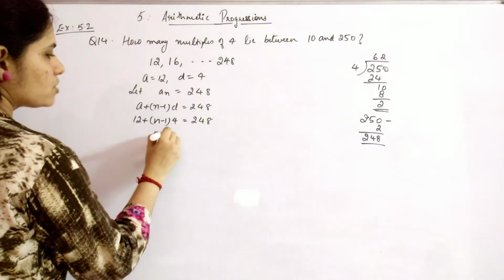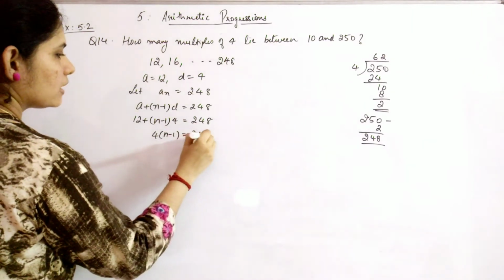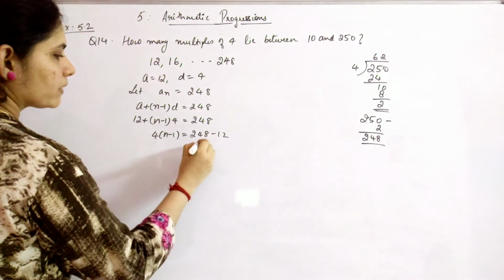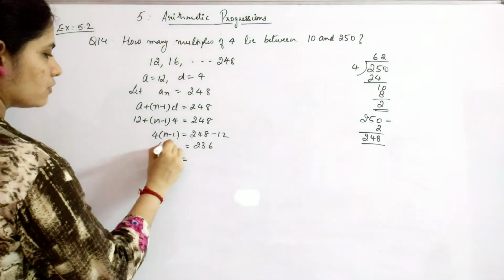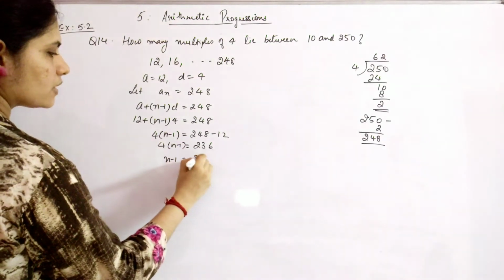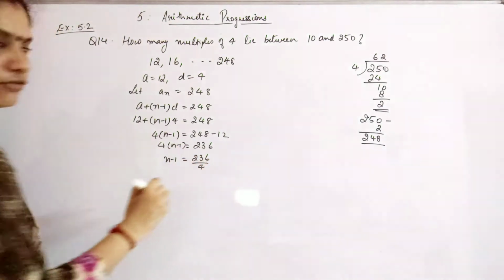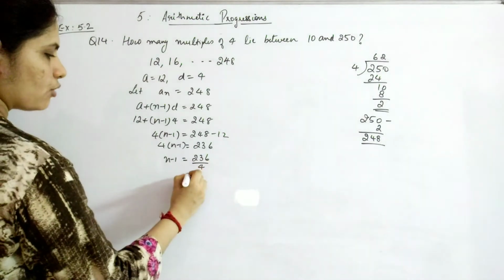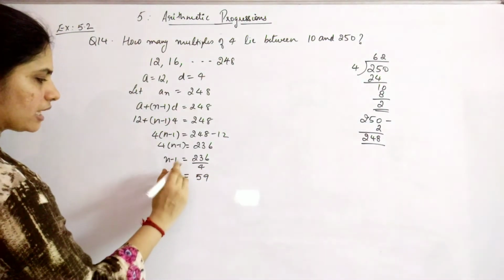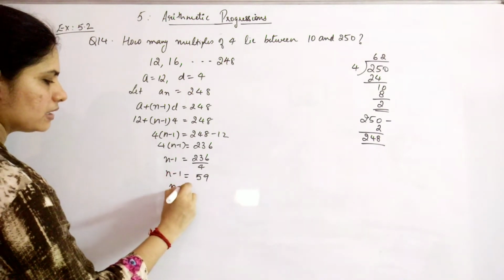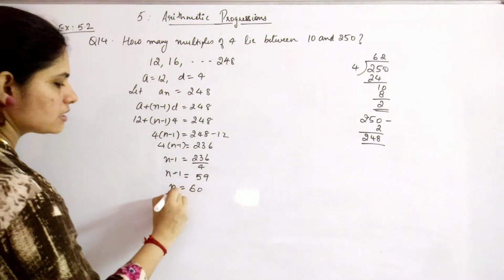A is 12 plus n minus 1 into 4 is equal to 248. You will get 4 into n minus 1 as 248 minus 12, which is 236. So n minus 1 will be 236 divided by 4, which is 59. So n minus 1 is 59, which means n will be 60, right?